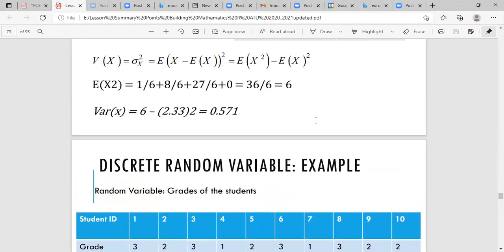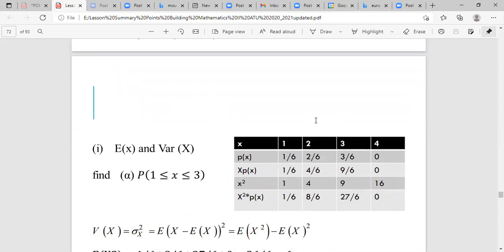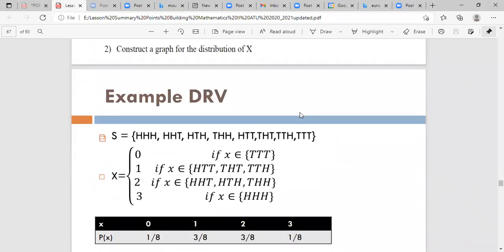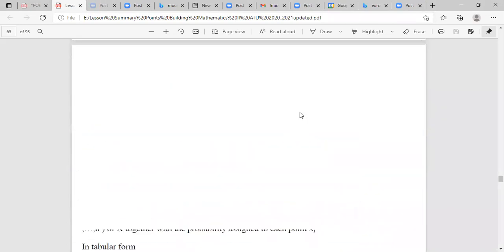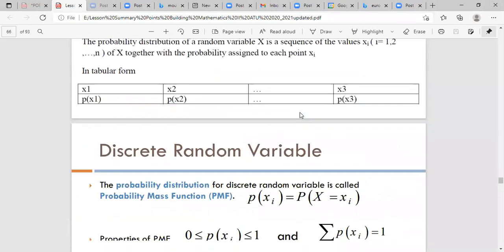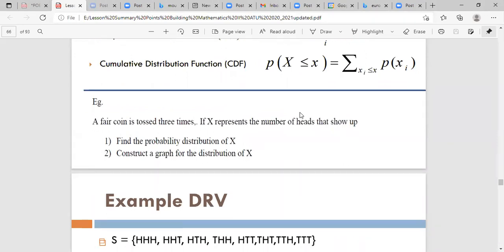So let me ask you to do this for me. Your class exercise now is, let me go back to that example. In the toss of 3 coins, let's say a fair coin.